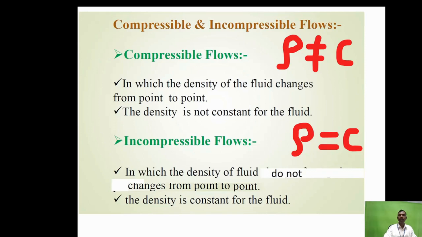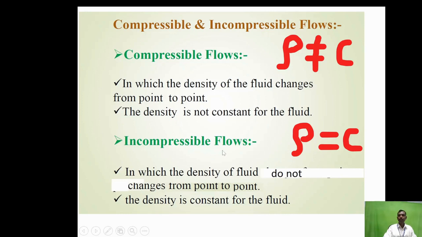Next one, compressible and incompressible flow. Compressible flow means the density is not constant, in which the density of the fluid changes from point to point. That is, if the density is non-constant for the fluid, that flow is called compressible flow.